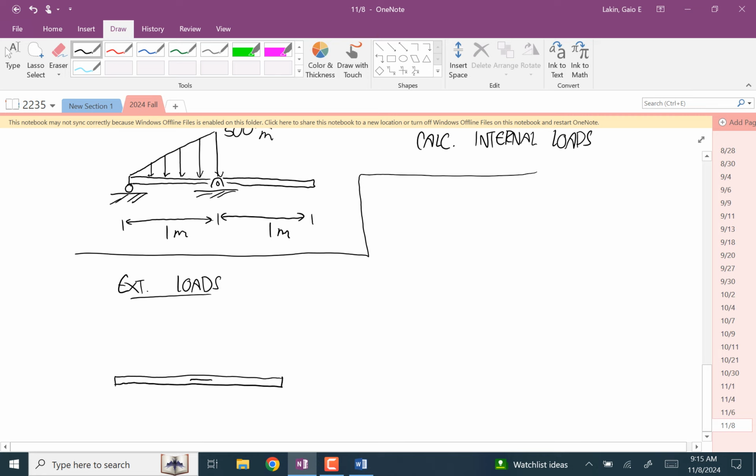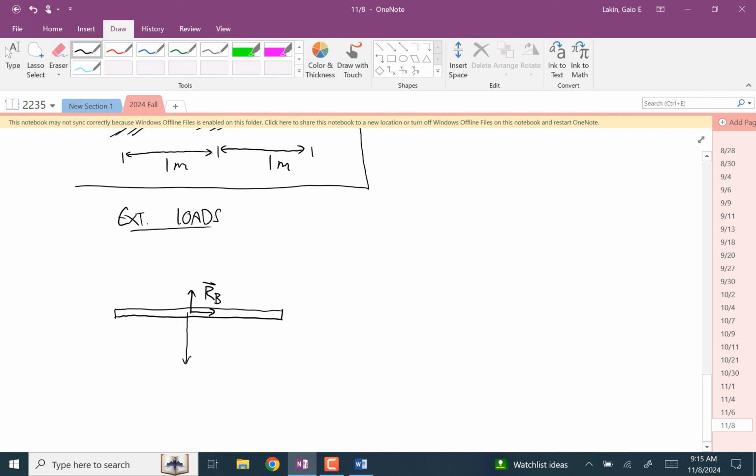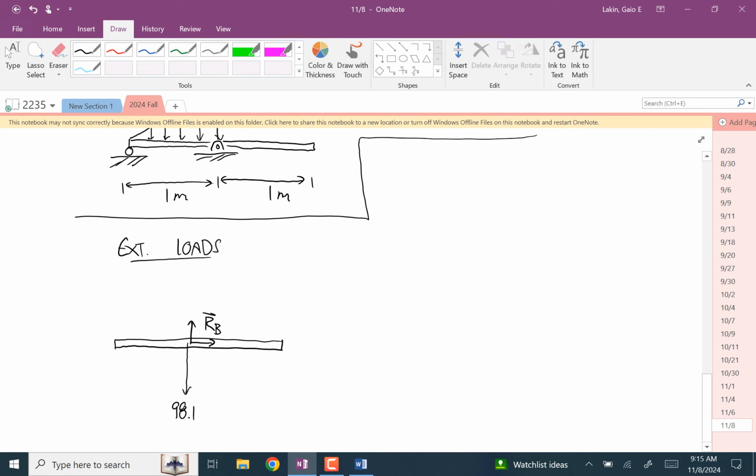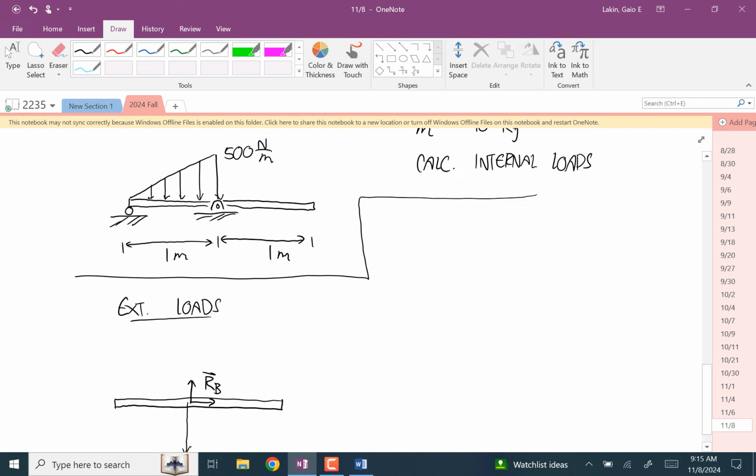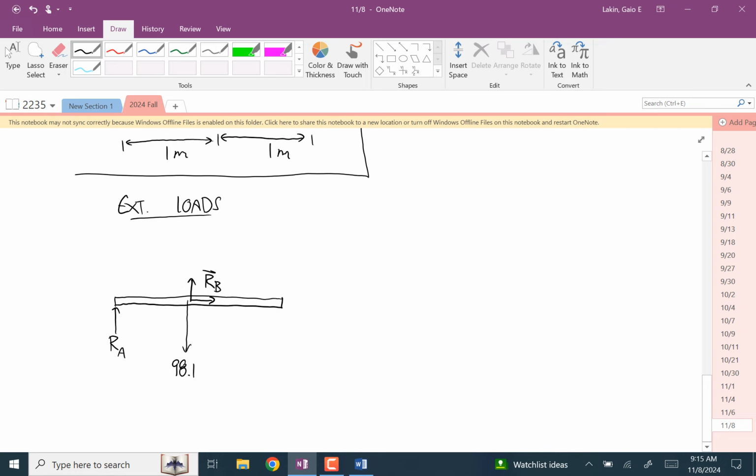At the midpoint, we have, I'll call that RB. We also have the weight of the whole thing of 98.1. And then we have a force up, I'll call that RA, from the roller.